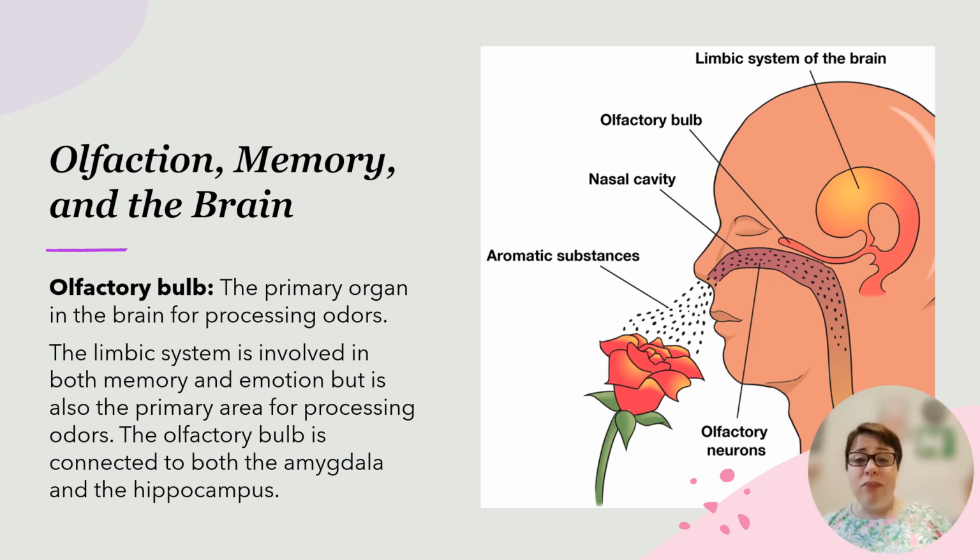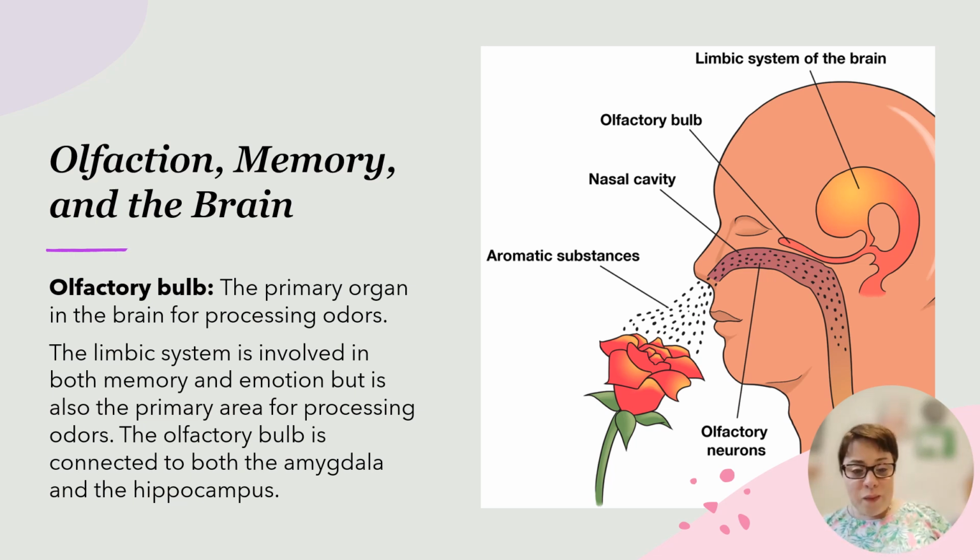Interestingly, it is only after these connections between the olfactory bulb and the limbic system occur that information is processed by the olfactory cortex and other areas in the prefrontal lobe. So this may account for the gut feeling that is characteristic of these strong odor memory emotion associations, right?